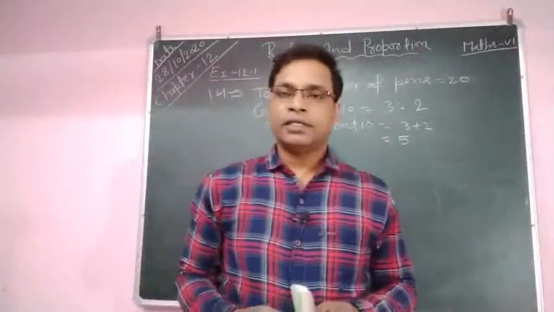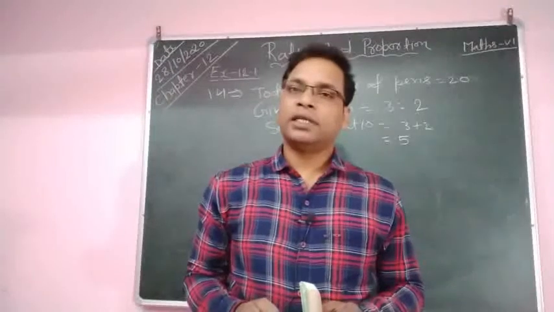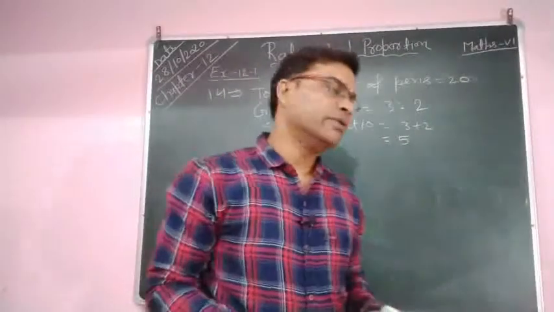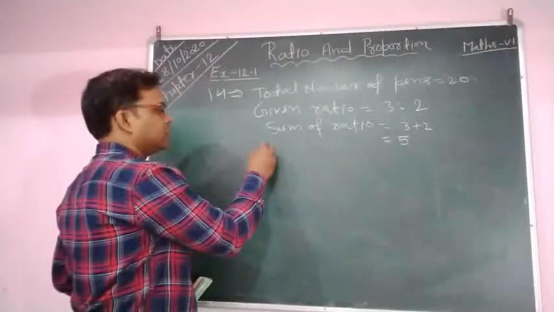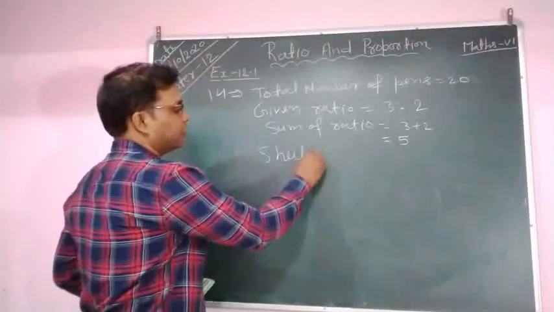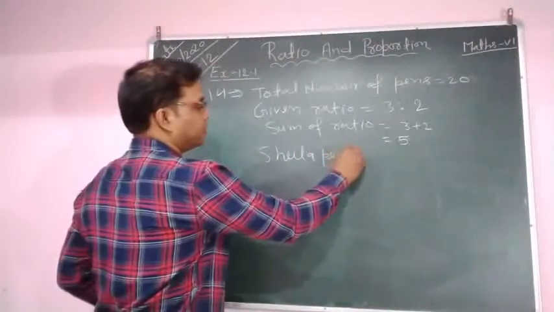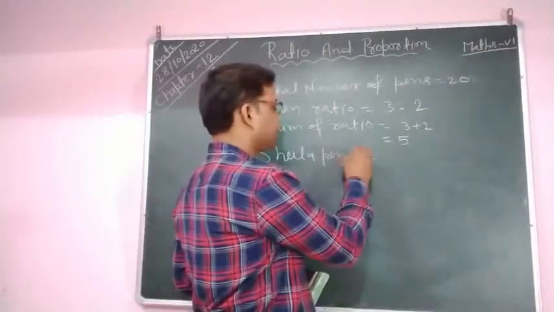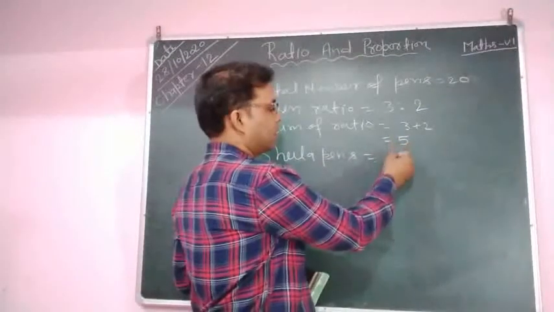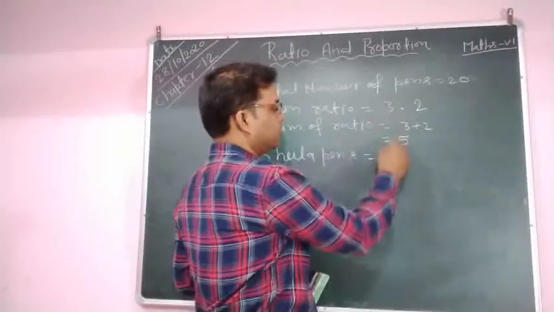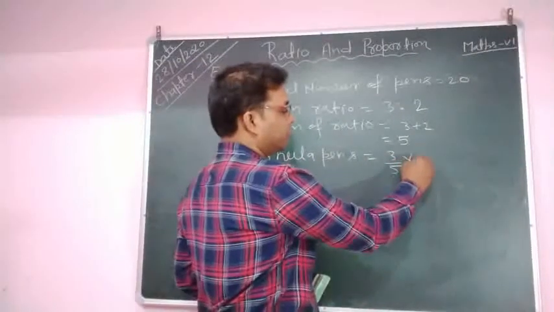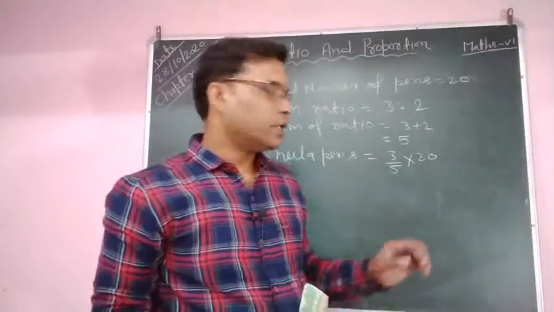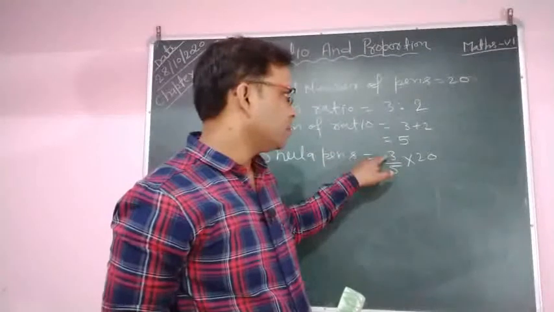So Sheila's pens are equal to 3 by 5 into the total number of pens, because this is Sheila's ratio and this is the total ratio.